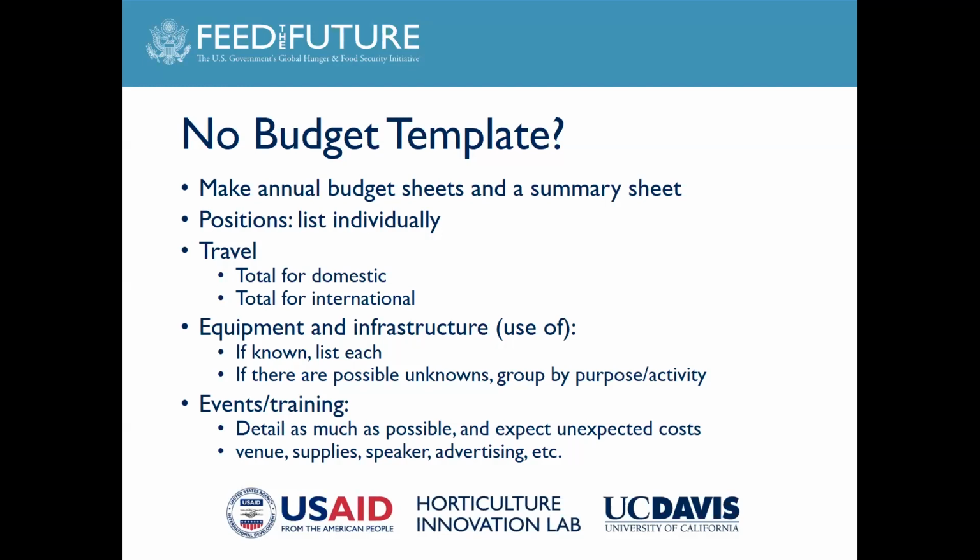Break it down by venue, supplies, speaker, advertising, etc. And expect unexpected costs with events. So again, aim for the higher end of the potential cost, or if you need to, include an unexpected cost line and you have an idea what those might look like, you could do that as well.